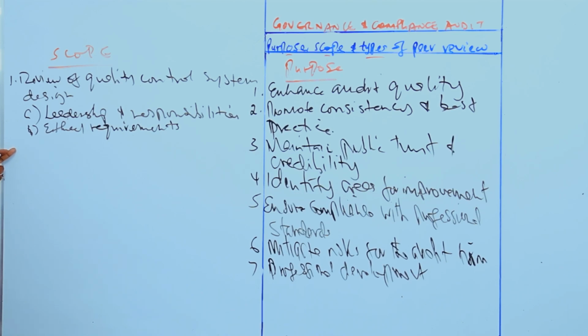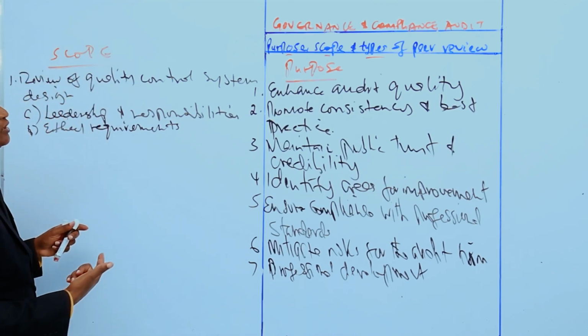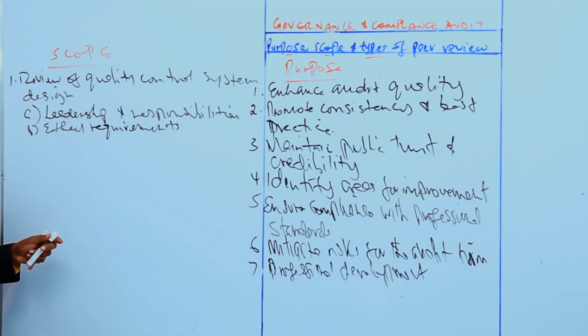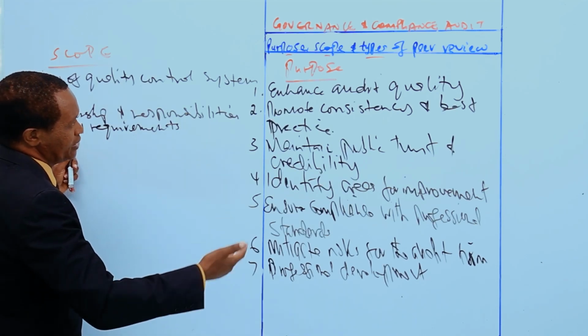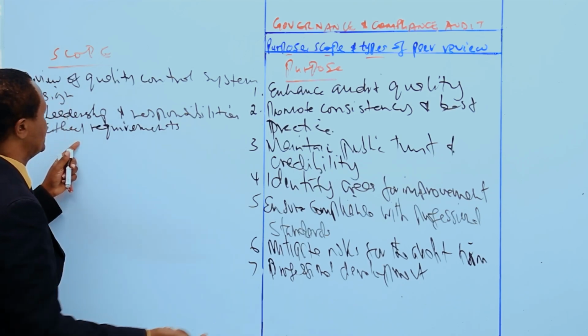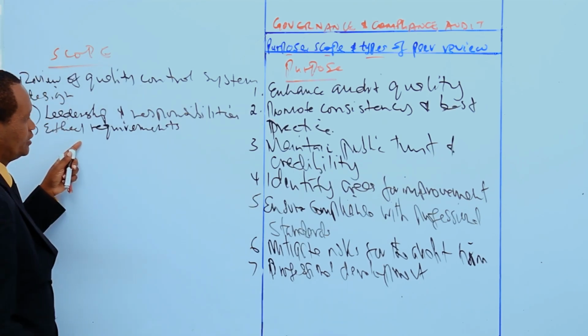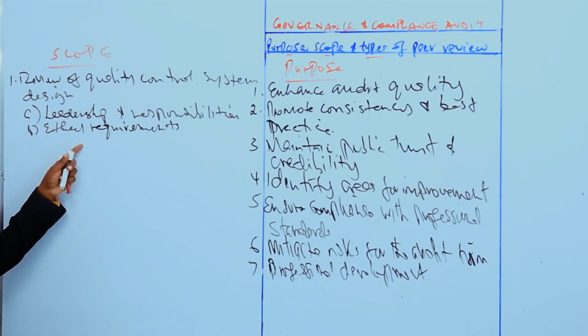So we have these personnel who are engaged in the audit team. When carrying out peer review, the focus is on the independence, the objectivity, the integrity of the audit team. Have they met these ethical requirements, things to do with integrity, objectivity, independence, and so on, for the personnel involved in the audit?